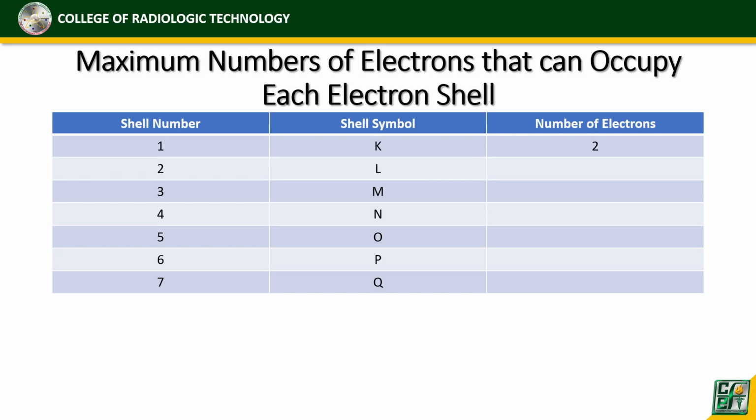And Q shell is 98. Very good. Okay, so napakadaling kunin yung maximum number of electrons that can occupy each of the orbital shell. Basta lagi lang nating tatandaan that the innermost shell ay K. Sa K mag-uumpisa. Hindi sa L, hindi sa J, hindi sa A, okay? Sa K. Okay?